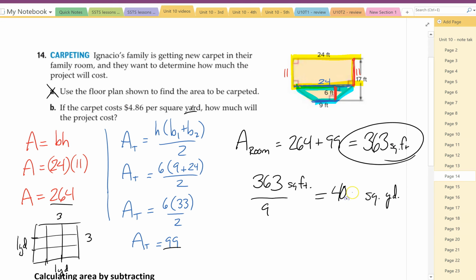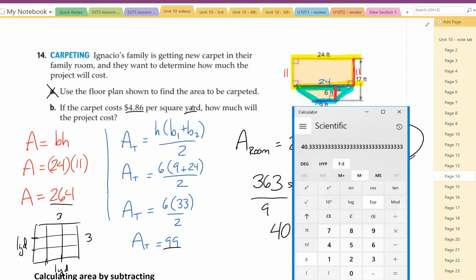So I only have 40.34 square yards, and it's $4.86 for every square yard. So if Ignacio's family wants to know how much this project's going to cost, I'm just going to multiply that $4.86 by the number of square yards that I need. $196.